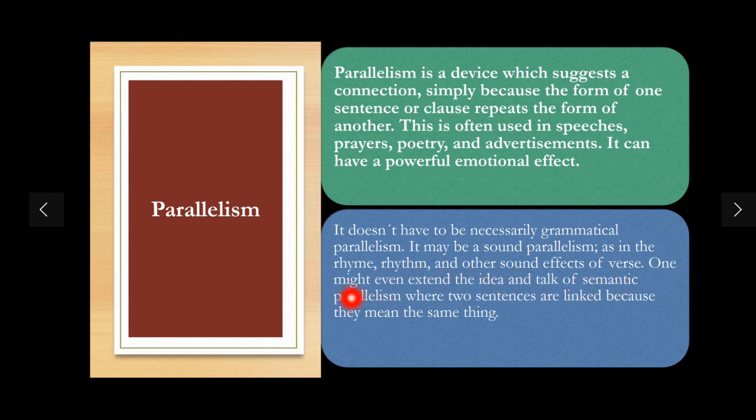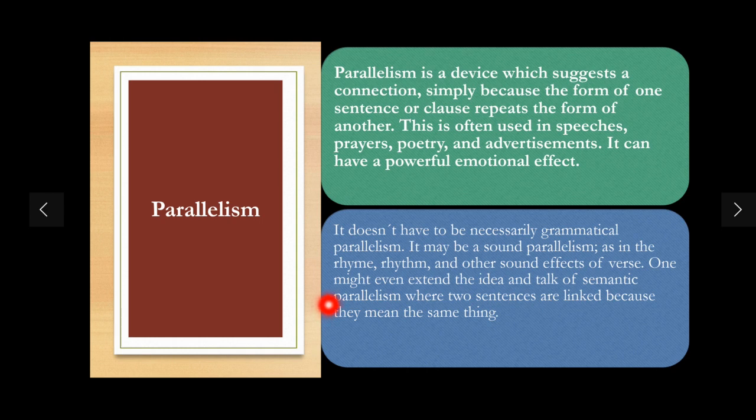So one might even extend the idea and talk of semantic parallelism. So we can have grammatical, sound, and semantic parallelism, where two sentences are linked because they mean the same thing.